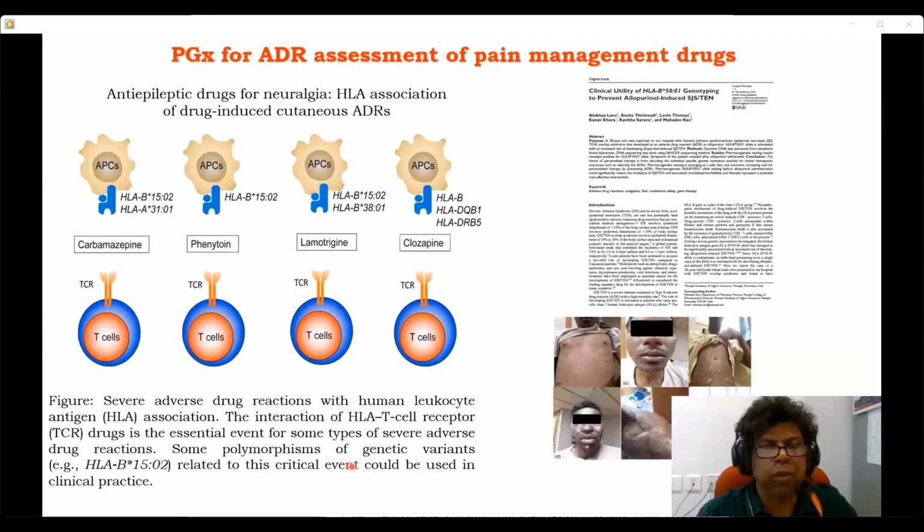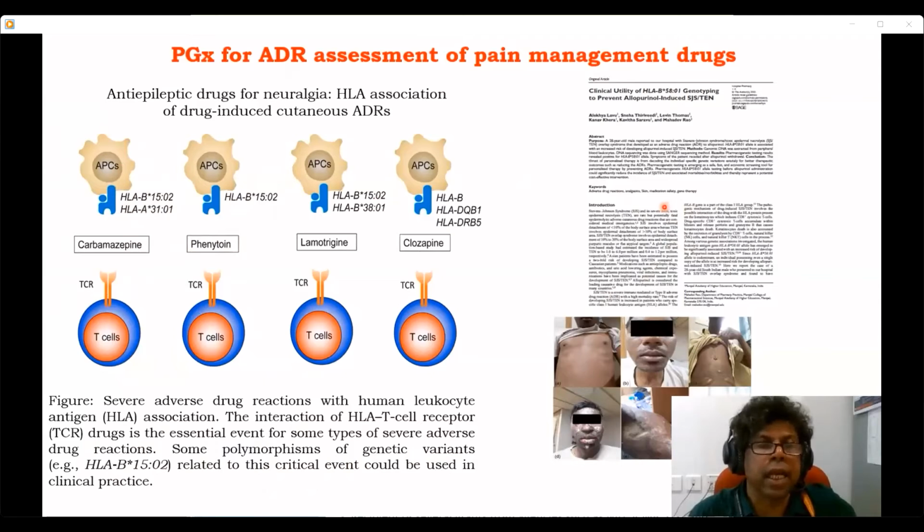For example, some polymorphism genetic variants, particularly HLA-B1502, are very predominant in relation to this critical event, and by knowing the genotyping of these HLAs, it is easy for the clinicians as well as clinical pharmacists to give the appropriate drug. I'll give an example here.